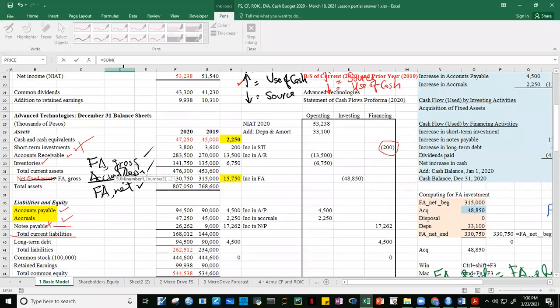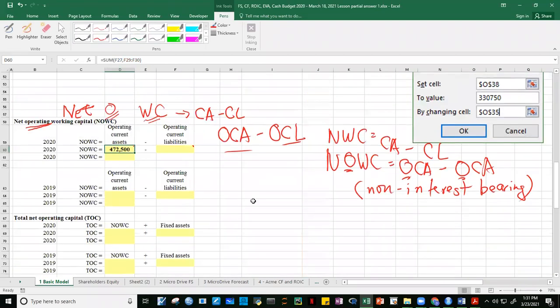It will be the sum of cash and cash equivalents, accounts receivable, and inventories. So three items. Clear, guys? You should get 472,500.